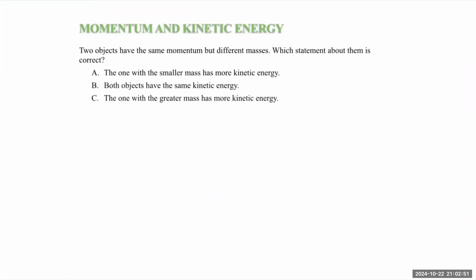And what's the difference between momentum and kinetic energy? If two objects have the same momentum but different mass, which statement about them is correct? A, the one with the smaller mass has more kinetic energy. B, both objects have the same kinetic energy.